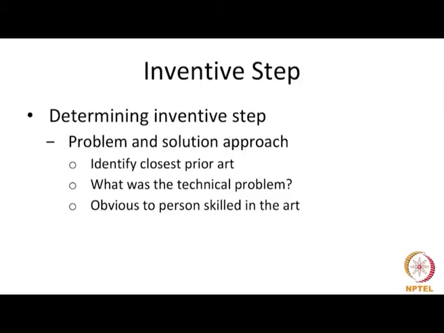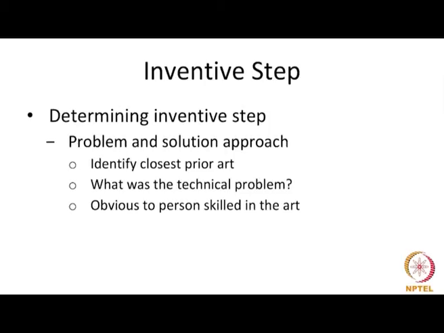We may simply phrase it as, what was the technical problem? Because the closest prior art would have enumerated the problem, but it would not have solved it. So, first we identify the closest prior art, then we establish the objective technical problem to be solved. So, we define the problem, or we identify the problem to be solved.